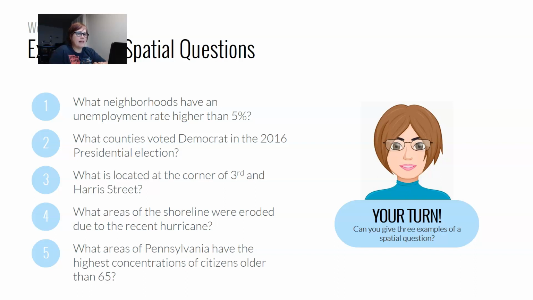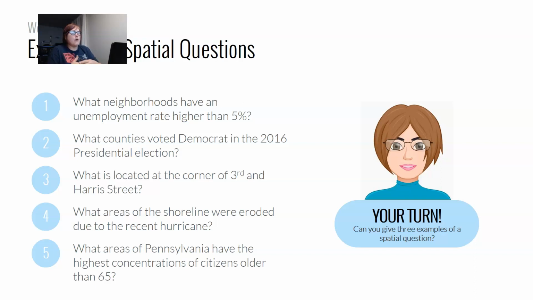And sometimes it's something that simple, that you just need to know what is there so that you know the conditions of that particular area. Another example is what areas of the shoreline were eroded due to a recent hurricane, or what areas of Pennsylvania have the highest concentrations of citizens older than 65 years old. So all of these are examples of spatial or geographic questions because they have some type of geography implied in them.